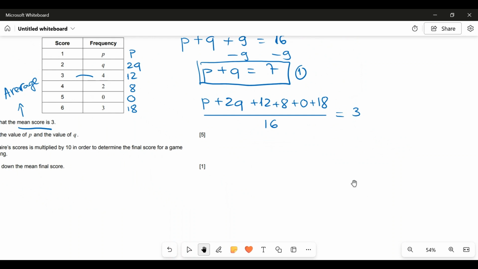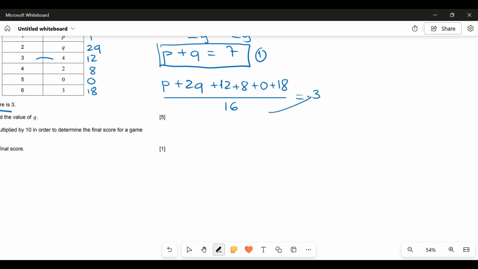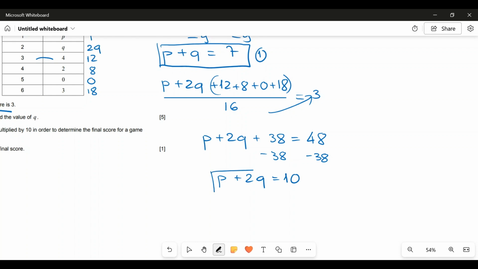Now, I have to simplify this one. First, multiply 16 up here and combine like terms for all these constants. So P plus 2Q plus 38 equals 16 times 3 is 48, minus 38 on both sides. So P plus 2Q equals 10. This is the second equation.